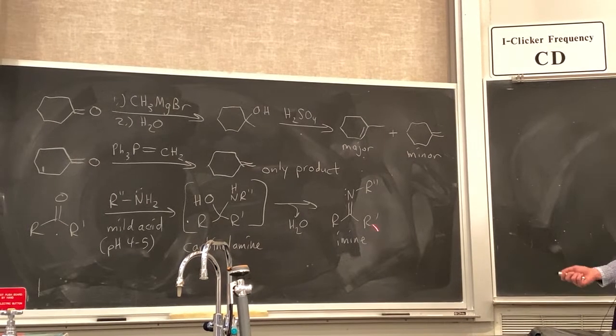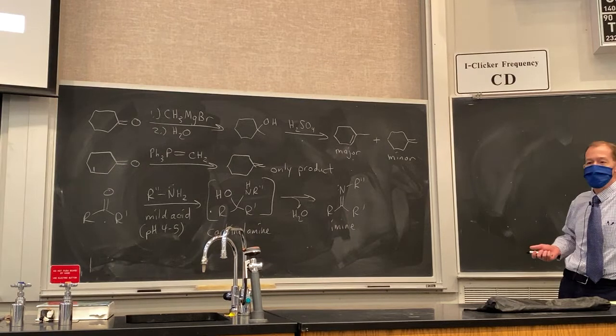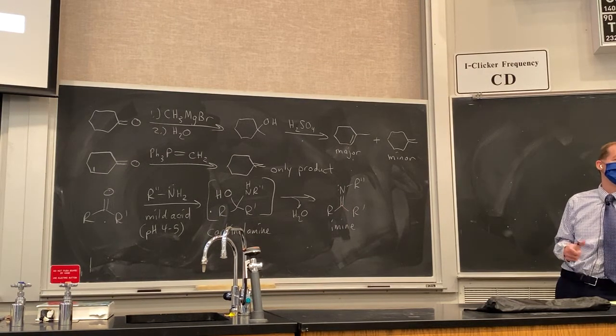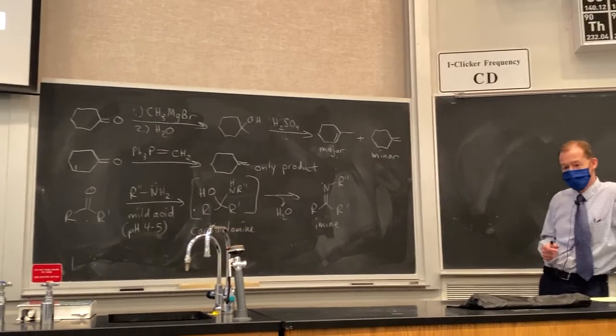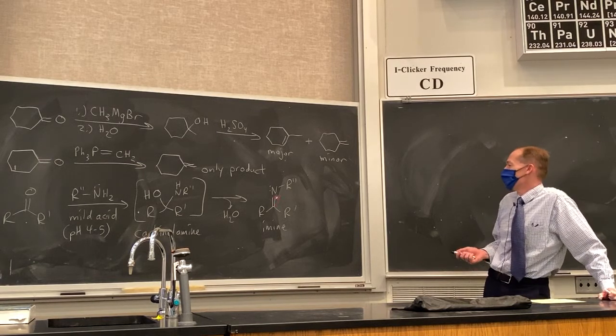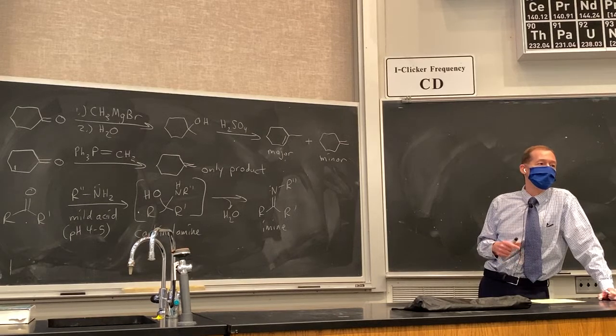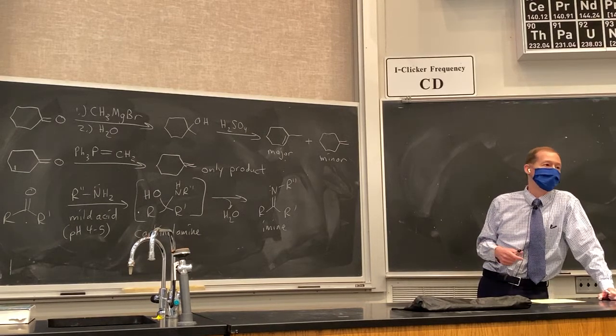So an imine resembles a carbonyl compound. We have sp2 hybridization of the carbon and the nitrogen, trigonal planar geometry. We know that our carbonyl compounds, aldehydes and ketones, are electrophiles. Would we expect an imine to be more electrophilic or less electrophilic than an aldehyde or ketone?